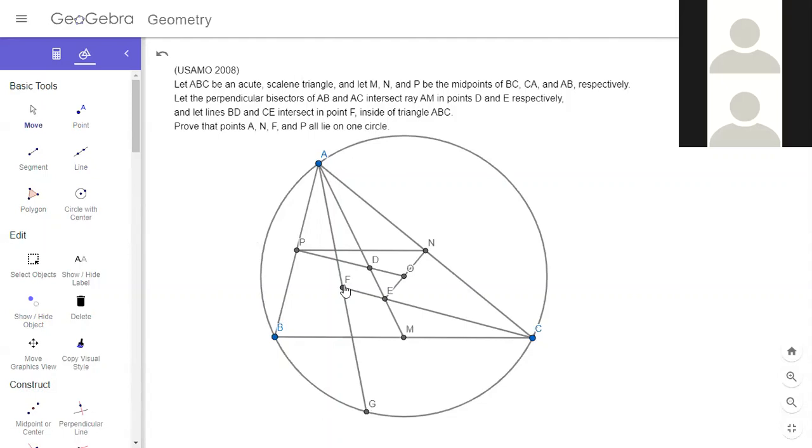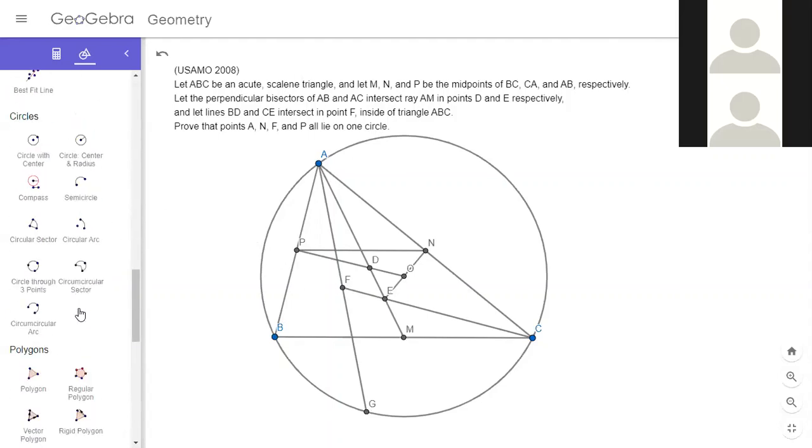Okay, so let F be the midpoint of AG, or we could call it F prime. And GFOC is cyclic. GFOC, BFOC, DFOC, or DFOM, I guess. No, BFOC. All right, it's just angle chasing.